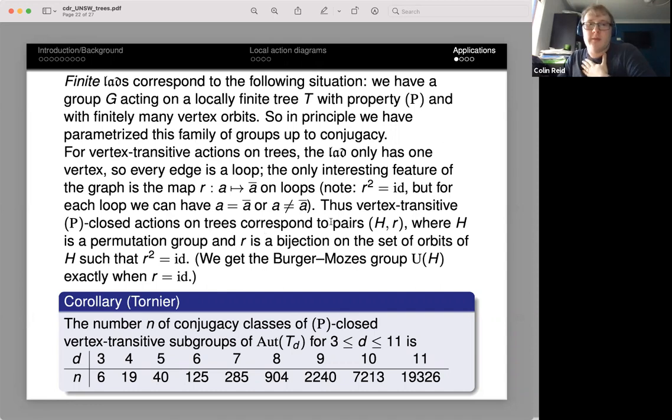And that means that there's a correspondence between vertex transitive P-closed actions on trees and pairs (H, R), where H is a permutation group of the appropriate degree, and R is some bijection on the orbits of H, that if you do it twice, you get back to the identity. So if you take R to be just the trivial permutation, this is the Burger-Mozes group. So in the Burger-Mozes one, the local action diagram is such that every edge is its own reverse because every edge can be flipped.